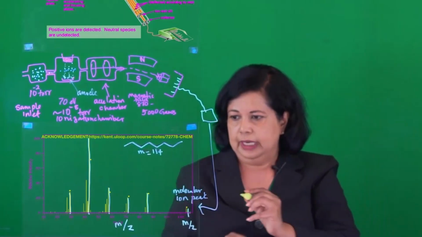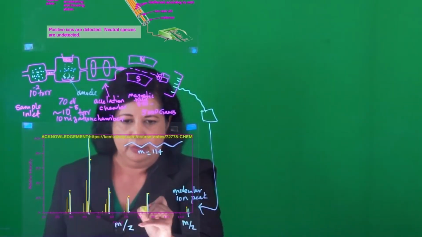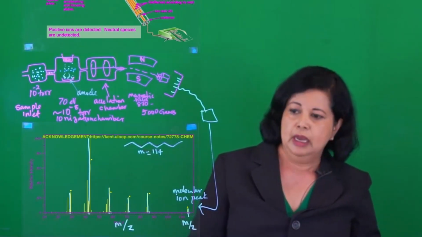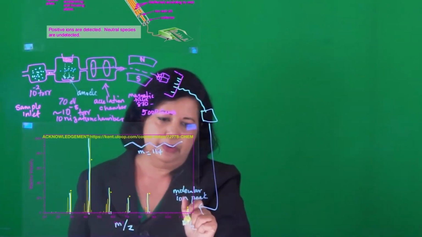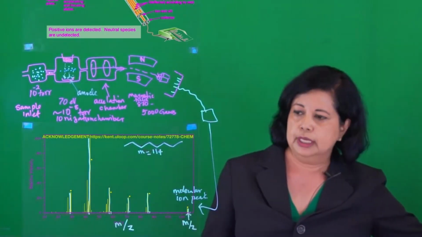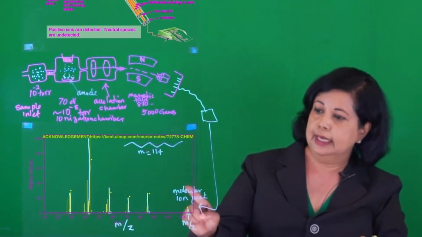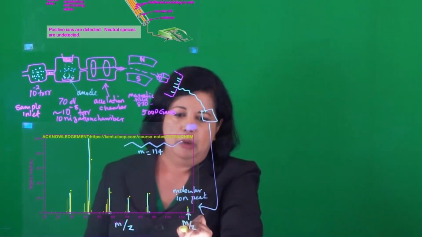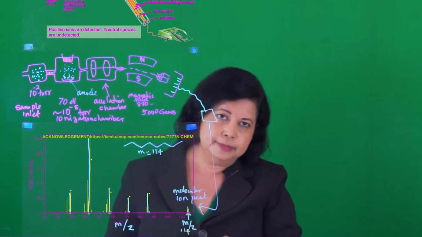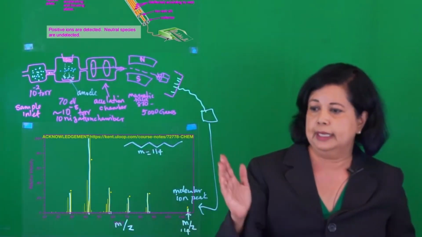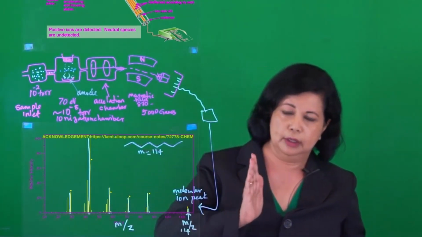So all of them will have a teeny peak right next to them, which is their M+1 peak. But the most important information for us is this peak here that is rightmost, and that is noticeable. That's the molecular ion peak. We can get the molecular weight of that molecule from there. So if you don't know the molecular weight of your unknown, shoot it in a mass spec. Take the rightmost peak, that's your molecular weight.